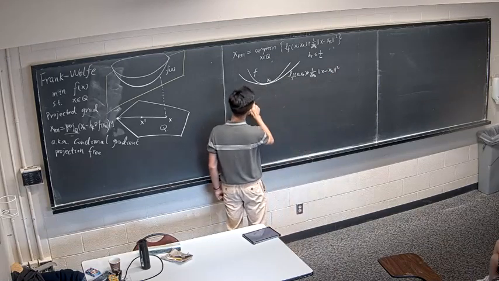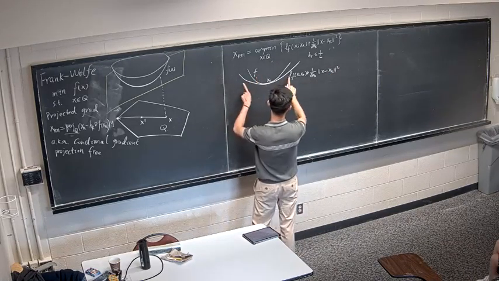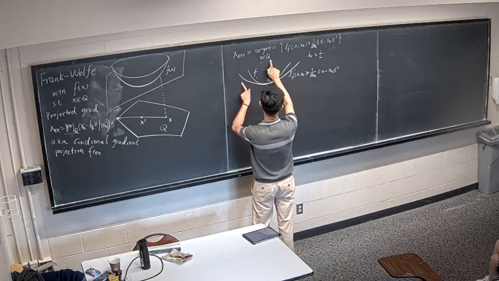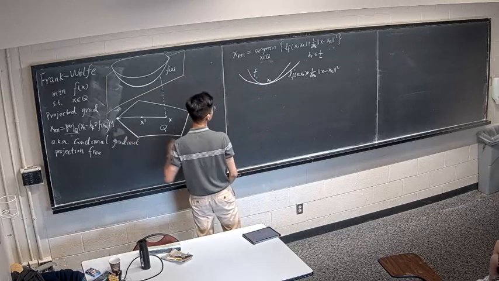It's because we build this lower approximation to the function f, and we minimize for this function over the set Q. That's the reason why we have the projection in the end.